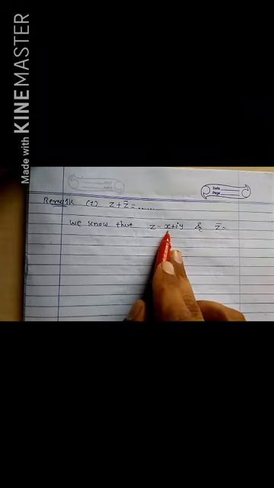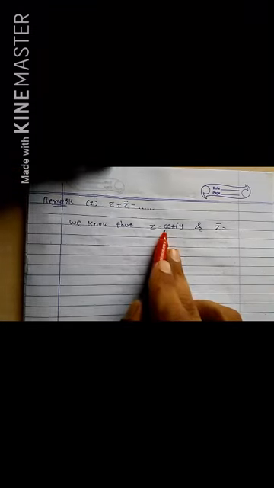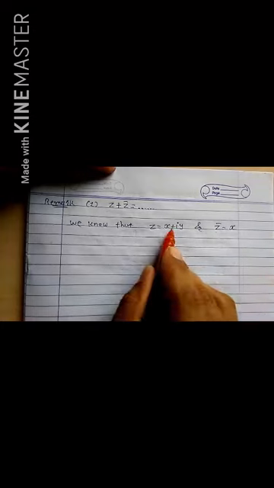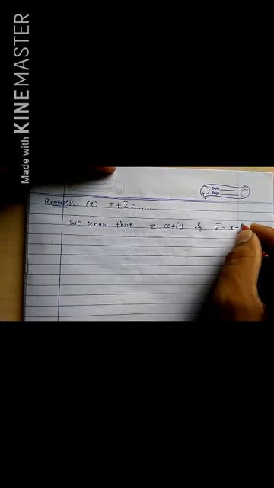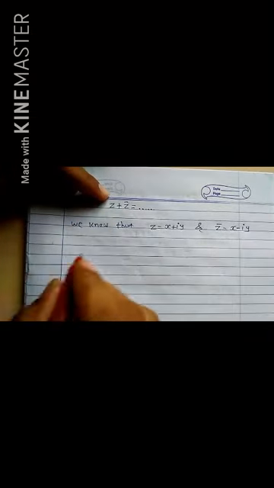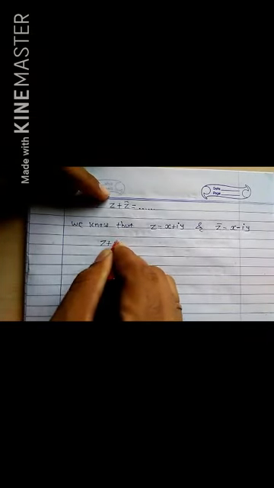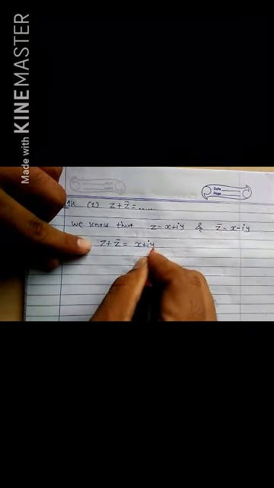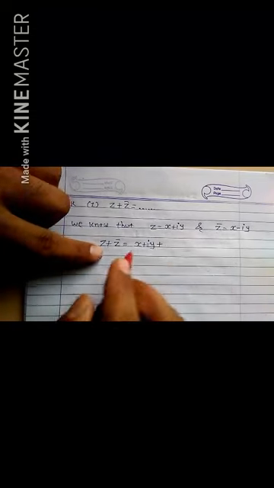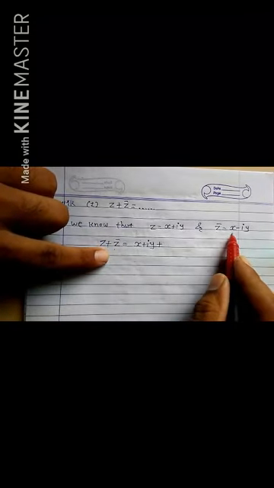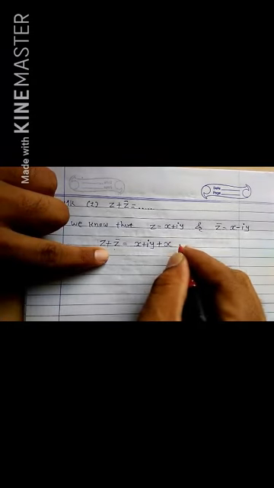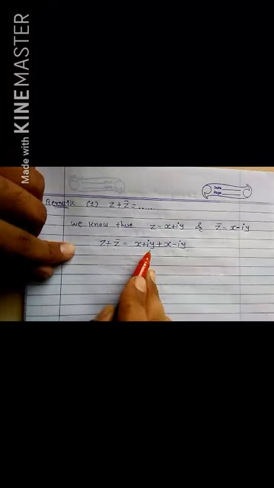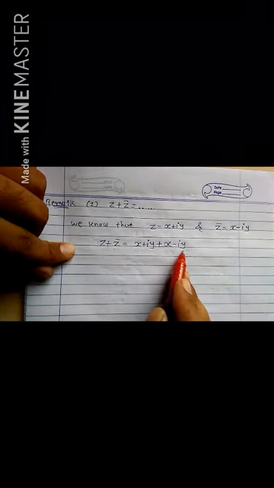Only change the sign in the imaginary part. x is again here plus, now change to minus iy. चलो, now sum z plus z bar. z is x plus iy plus z bar. z bar is x minus iy. This is positive iy, this is negative iy.